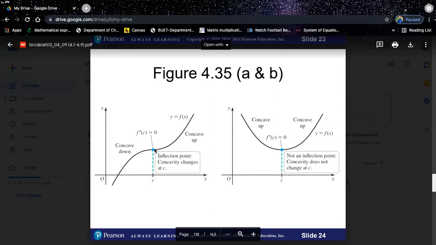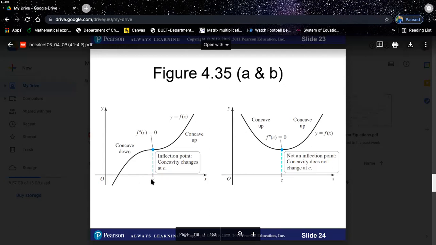Okay. Now, as you are moving to your right, if you agree that your value is slowly getting decreased because it was positive here and 0 here, that's the definition of concave down, isn't it?